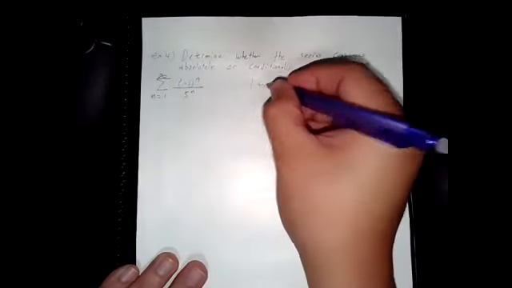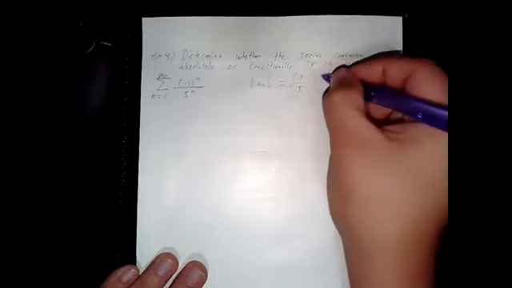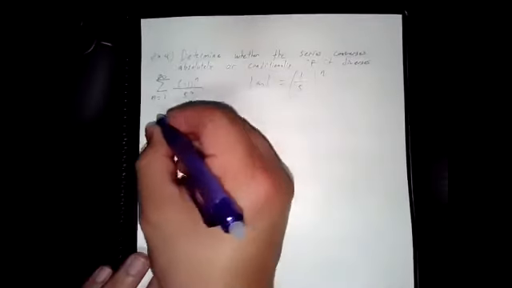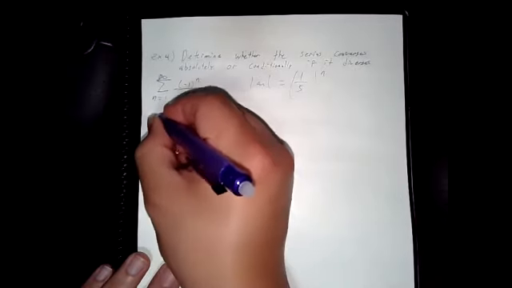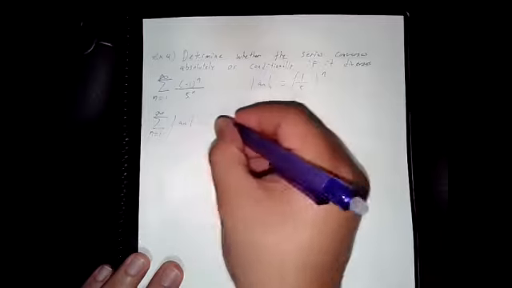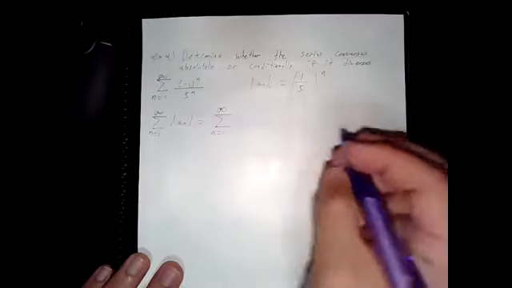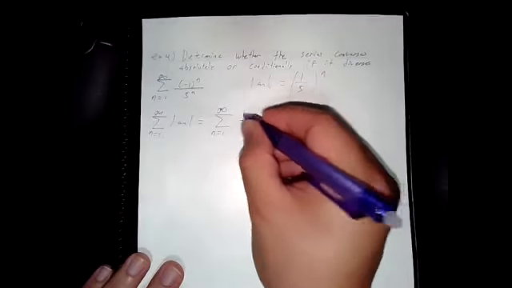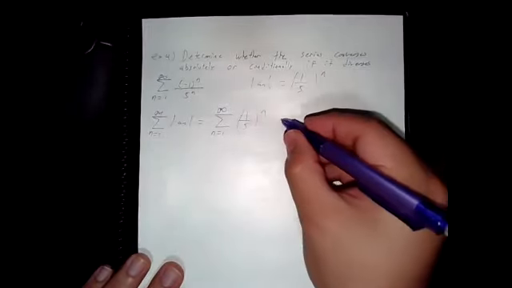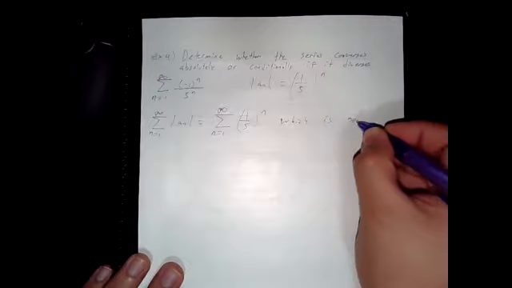So the absolute value of a sub n is equal to 1 over 5 to the n, right? You just take the absolute value of this. So there's my a sub n. So the series of the absolute value of a sub n is equal to the series of 1 over 5 to the n, which is geometric.